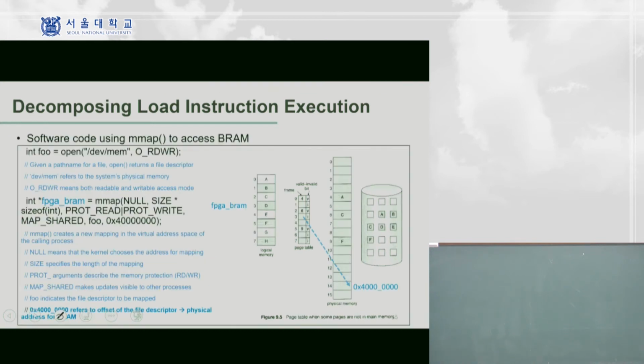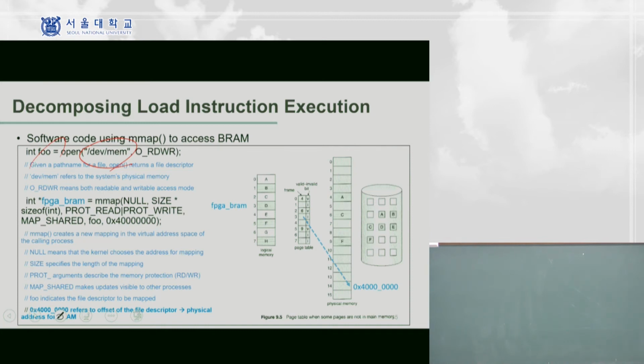Here, this is the same code we have seen before. Once you open a new file, in this case the file is the abstraction for physical memory. So once you open the file, this foo is the file descriptor for the entire file, the entire physical memory.